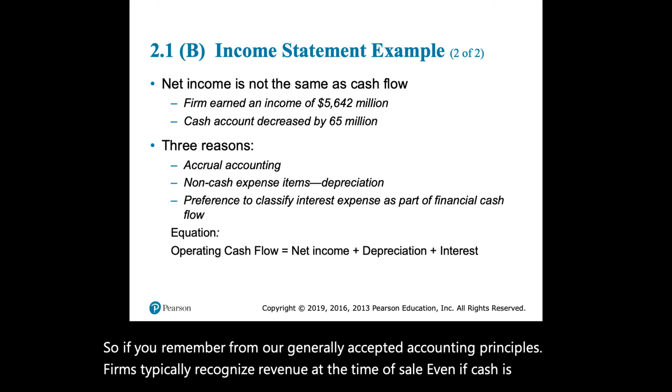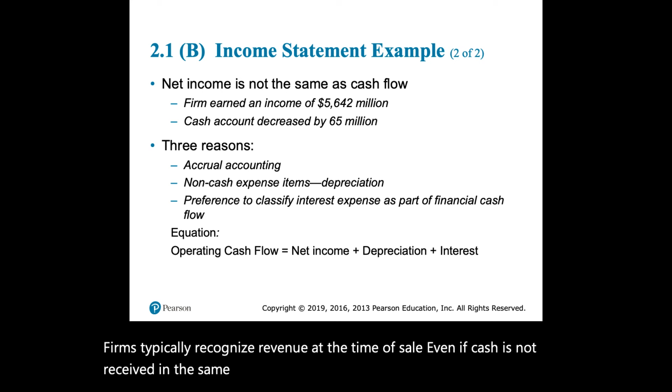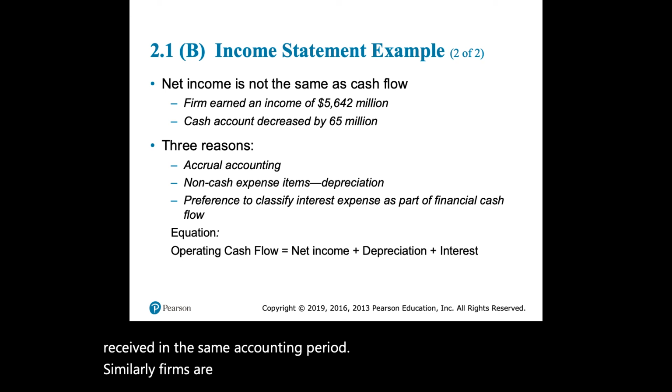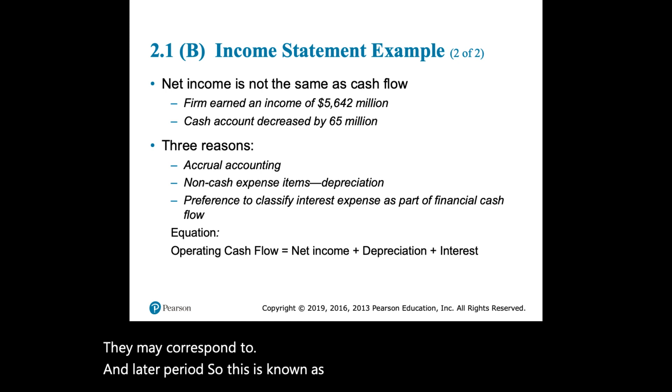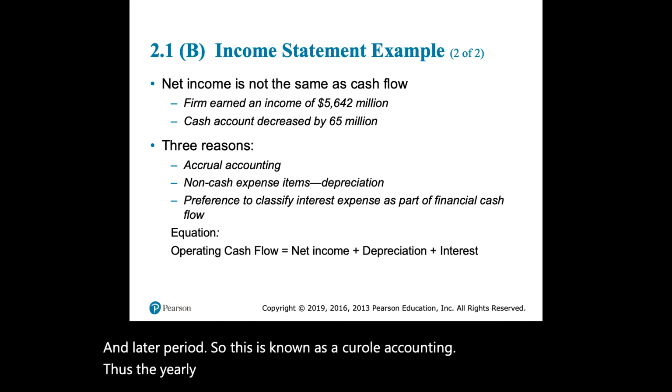Similarly, firms are billed for expenses that may correspond to a later period. So this is known as accrual accounting. Thus, the yearly net income figure could be different from the change in cash balance that has occurred during that year.